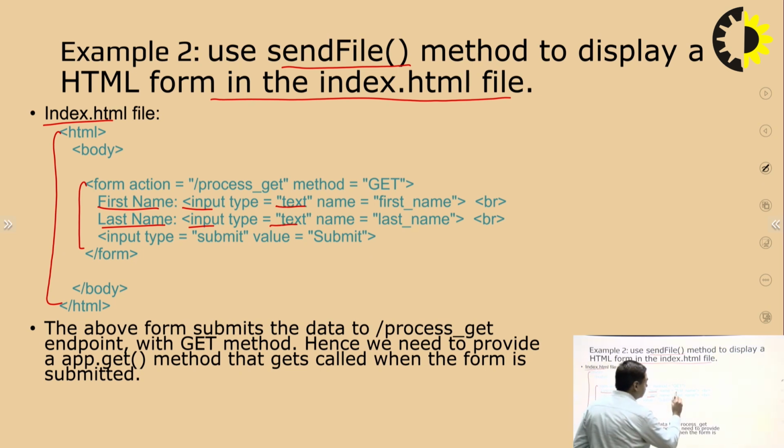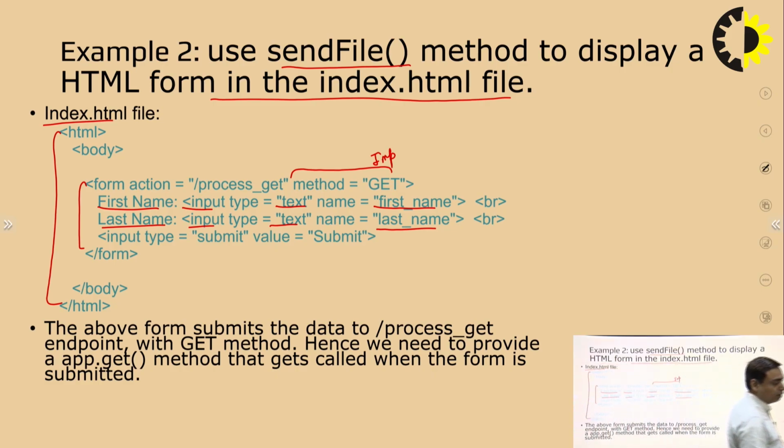The names of these text boxes are first name and last name. Now this is important. We are sending the request with the help of the get method. You can change it to post also, but in this example we are sending the method get.